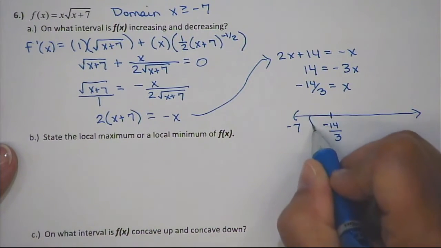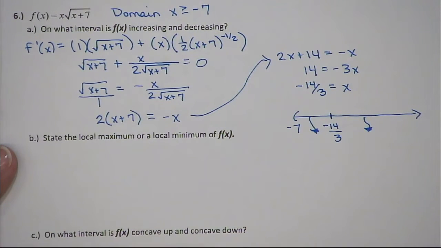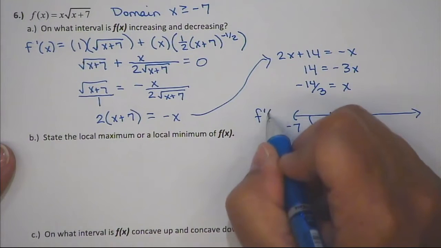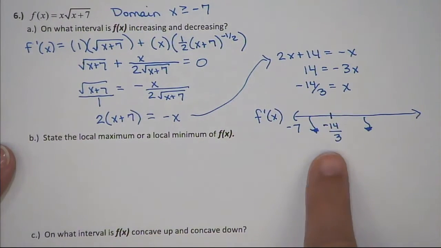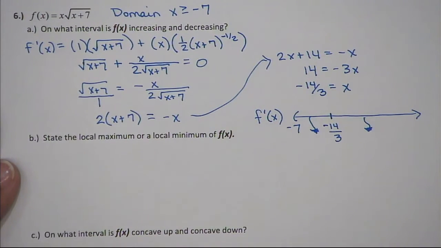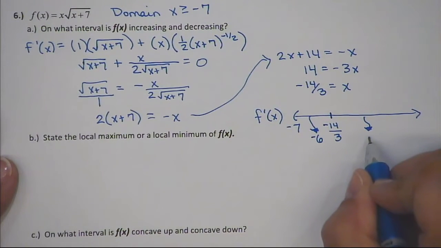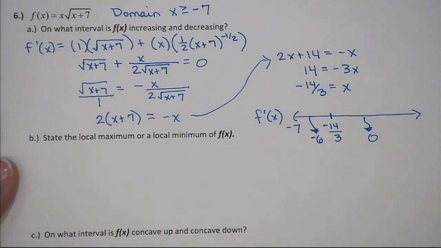All right, so we need a test point here, test point there. And this is first derivative, so we're testing in the first derivative, not in the original function. And your number lines go with your derivatives. All right, so something between negative 7, negative 14/3, let's just choose negative 6. And 0, always easy, on the right.